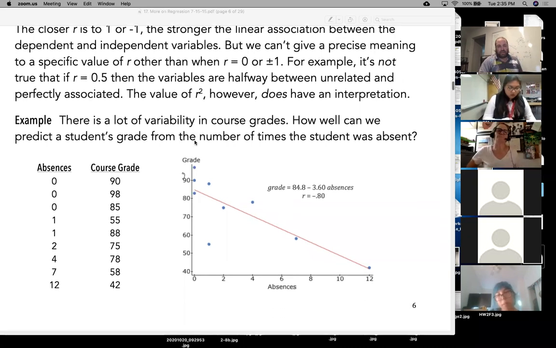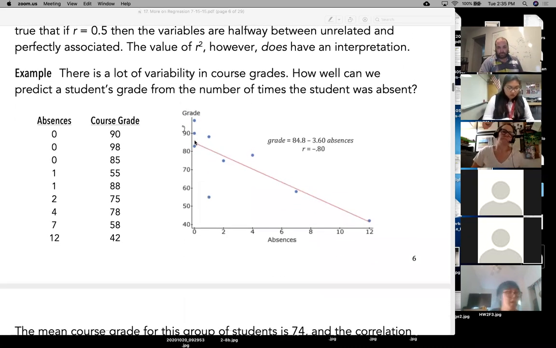And to explain that, let's focus on the following example. There's a lot of variability in course grades. How well can we predict a student's grade from the number of times that the student was absent?